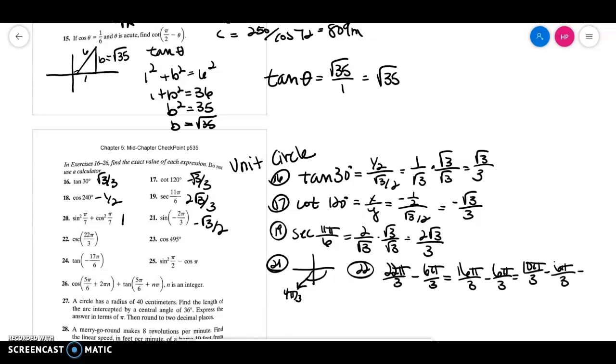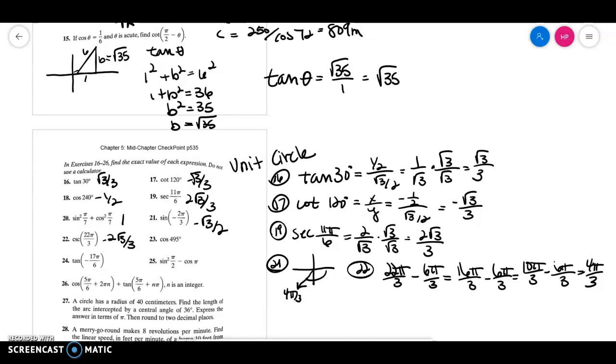So I'm actually looking at 4 pi over 3. So if you look at the sine at 4 pi over 3 and take 1 over the sine, you have 2 over the square root of 3. These are the same numbers over and over again. If we rationalize that, it becomes -2 square root of 3 over 3.